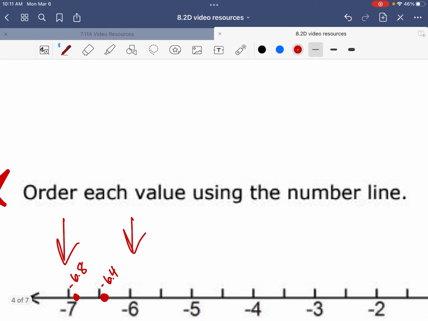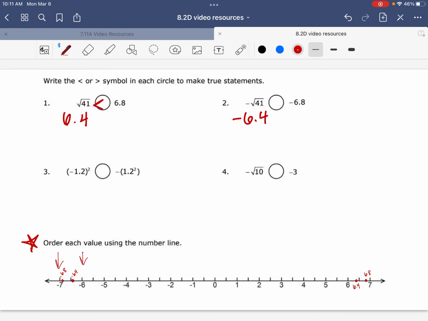So when I really look at it, negative 6.4 is greater because it's further to the right on the number line. And remember, the more negative something is, the smaller its value.